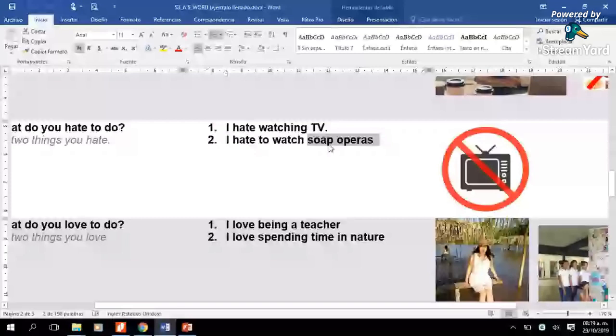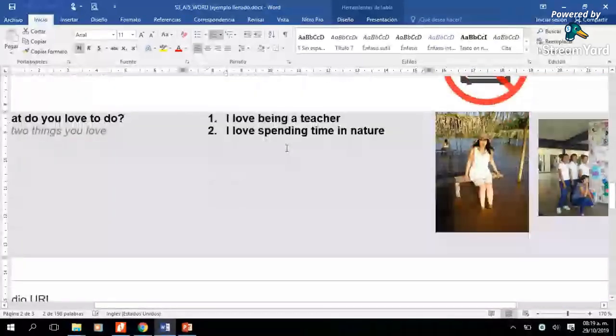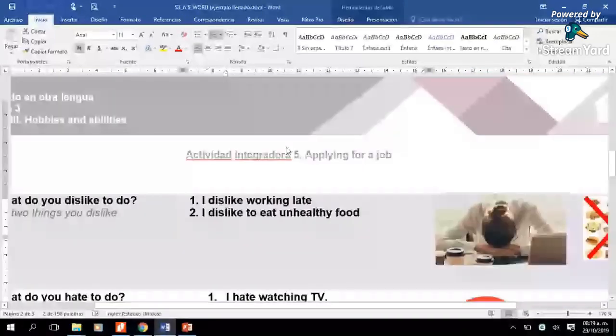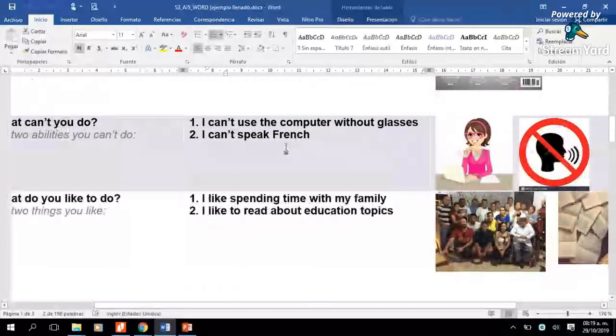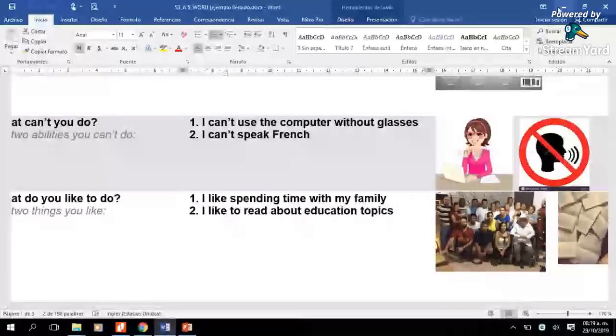Y aquí en particular estoy mencionando un contenido en particular que no me gusta. Por eso utilicé esta forma, to watch. ¿Va? Normalmente lo pueden encontrar de las dos maneras. Yo les estoy mostrando una regla que es comúnmente utilizada. Realmente podrían usar las dos y no hay problema.